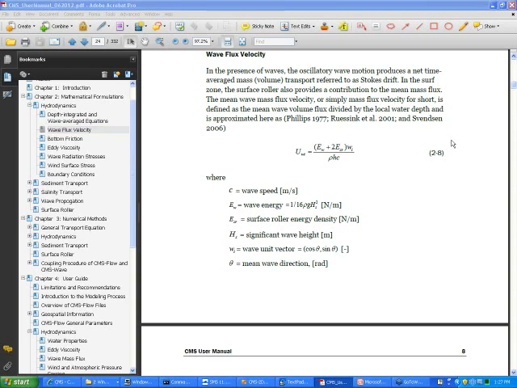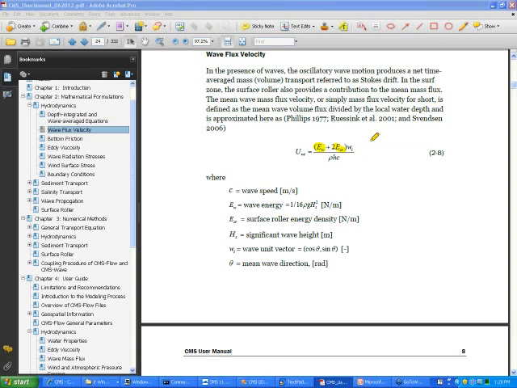And as you can see, it has two components. E sub W is the part due to Stokes drift, and E sub SR is the part due to the surface roller. If you turn on the surface roller, then you are able to turn on the roller mass flux, but you don't necessarily have to have it there.